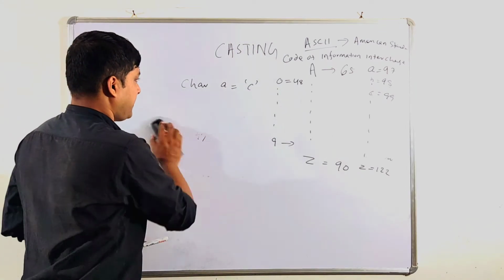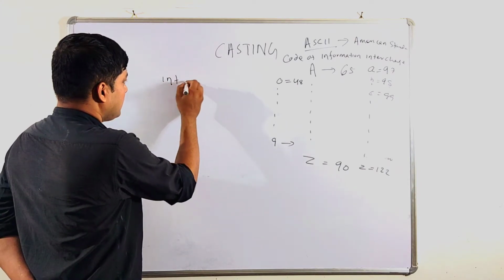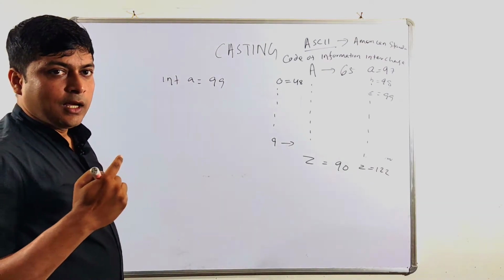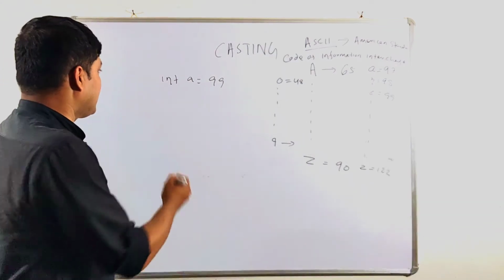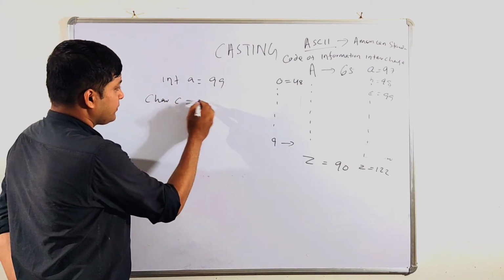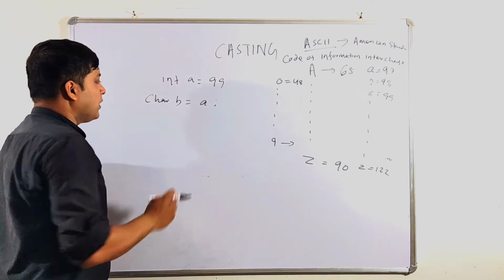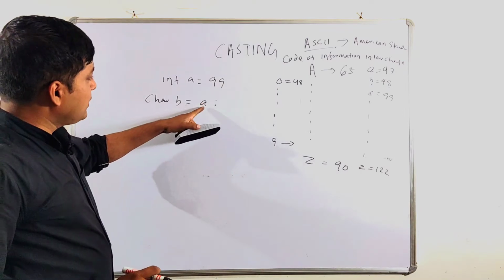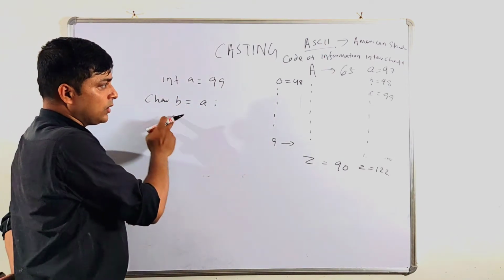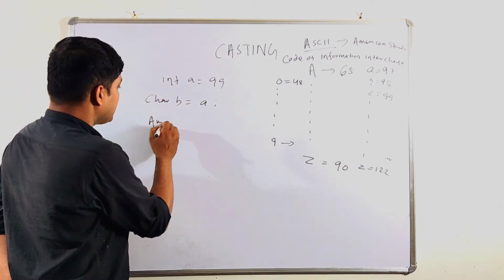Let's reverse. I am writing int a equal to 99. I want to convert that integer value into character format, so I have to write char b equal to a. What is the value of a? That means 99 will be converted into a character value. Which character is 99? C. The answer is c.